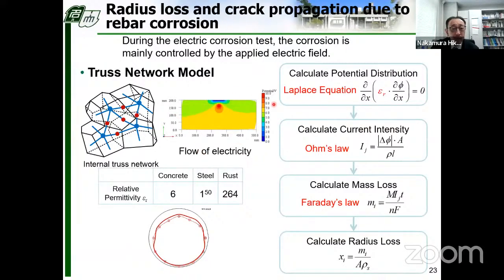Secondly, based on this result, we calculate the current flow by Ohm's law and the mass loss by Faraday's law. In this way, we can calculate the radius loss around the rebar depending on time, considering the distribution of the potential.